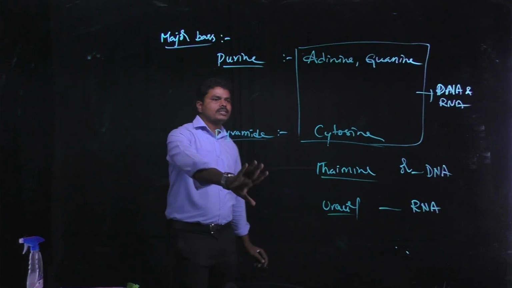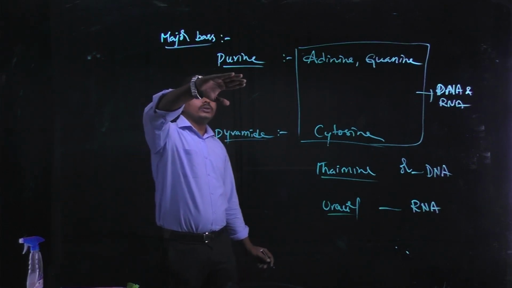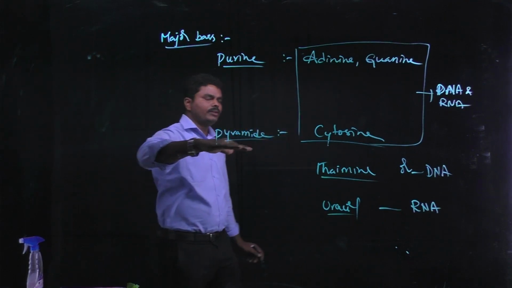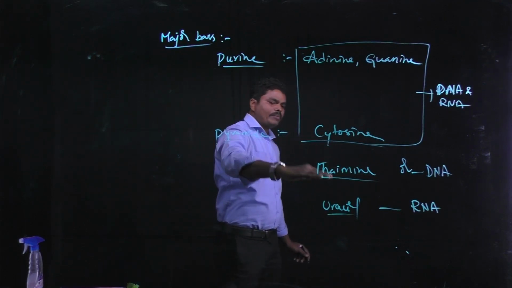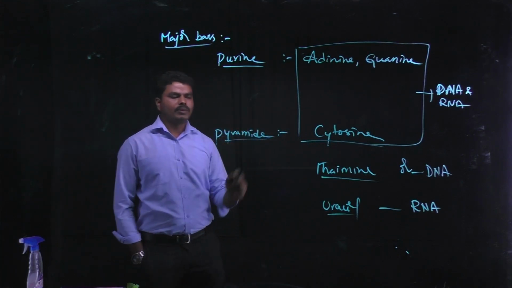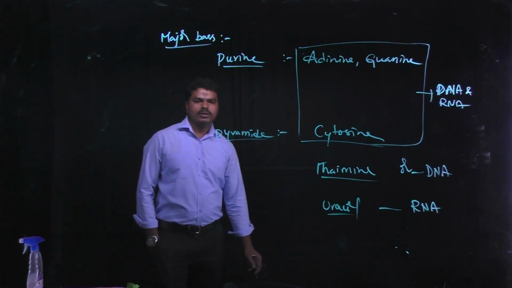So what are the bases? In the case of purine bases, adenine and guanine, and in the case of pyrimidines, cytosine, thymine and uracil. These bases are called the major bases present in nucleic acids.